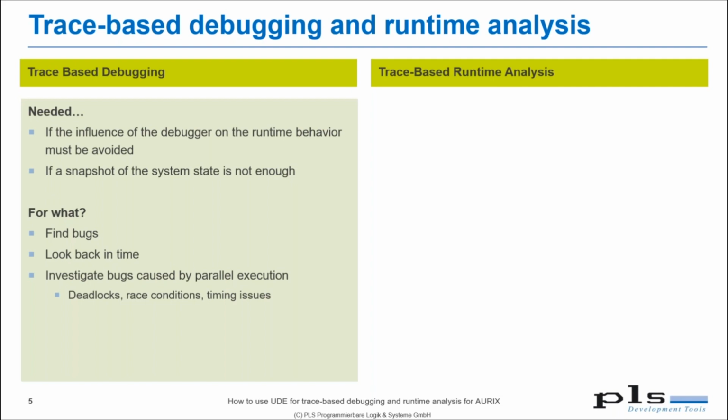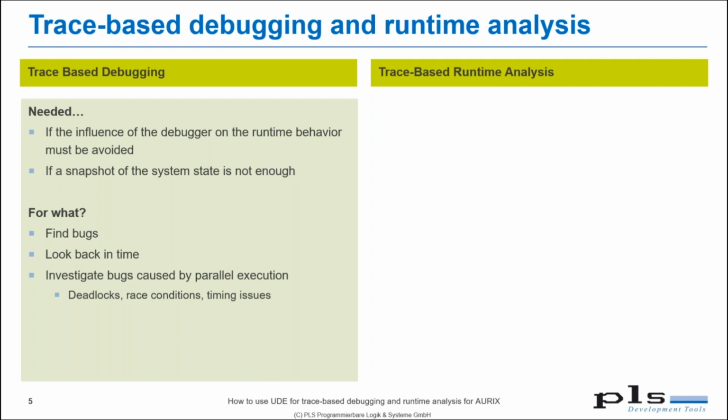In general, whenever the debug tool, or the access to the target by the debug tool, would possibly hide these bugs. So if, for example, no breakpointing is allowed. So you can use trace if you have to avoid any influence on the runtime behavior by the tool.